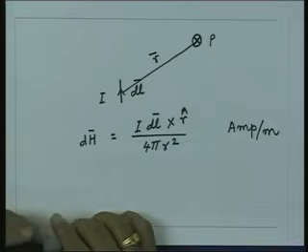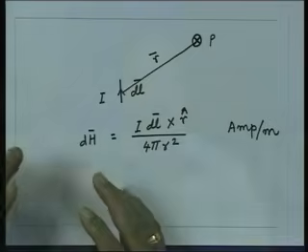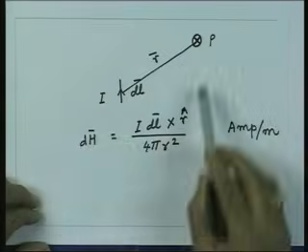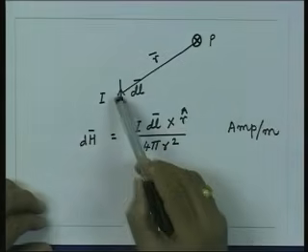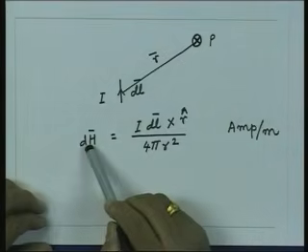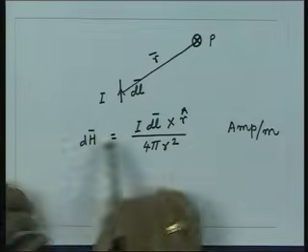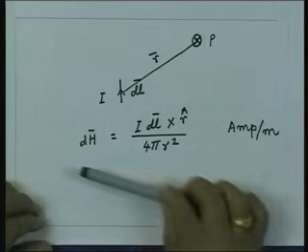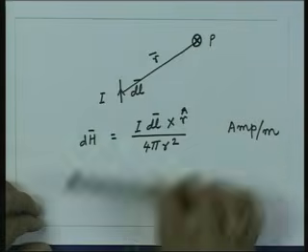Many times the magnetic field strength is simply called magnetic field, and what we find is that this quantity is not dependent on any of the medium parameters. As long as this current is I and the length is dl, no matter what medium is surrounding this current element, the magnetic field produced at this point will be this.